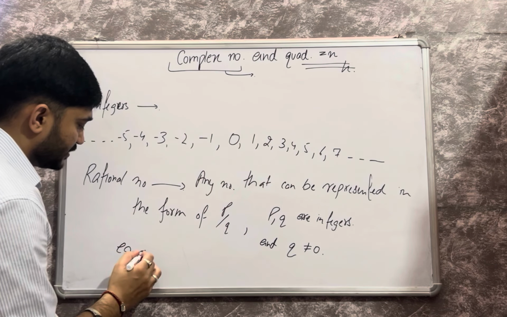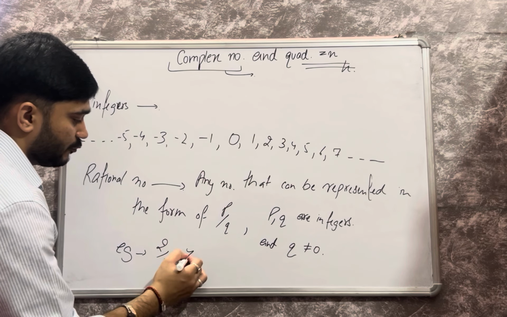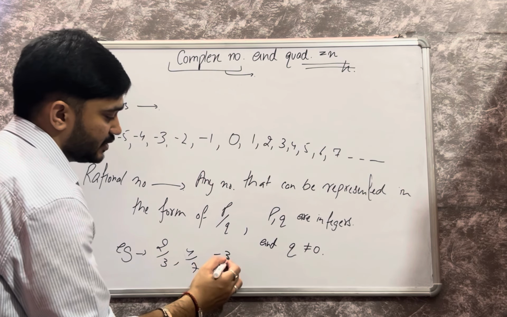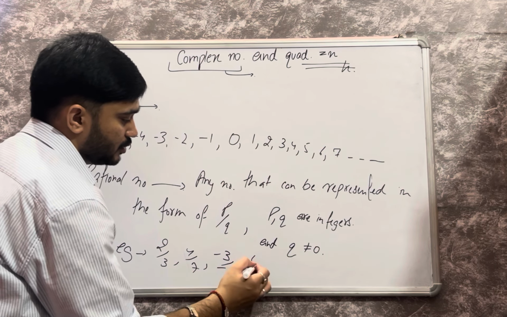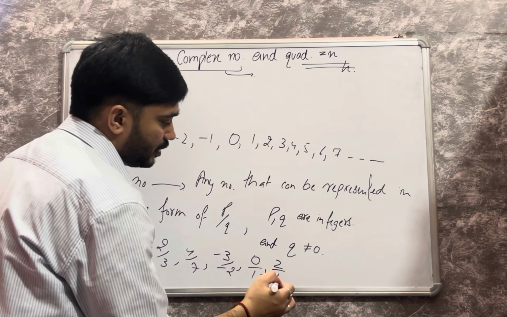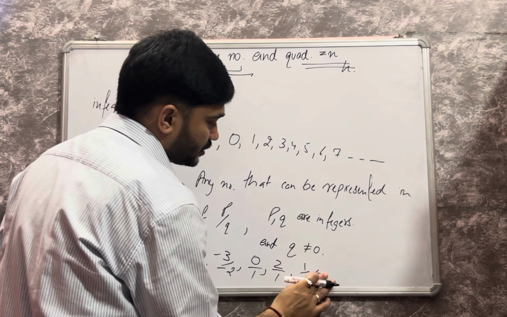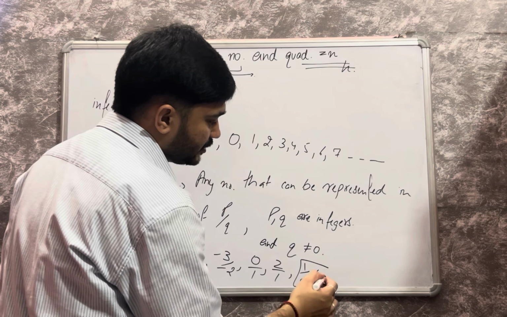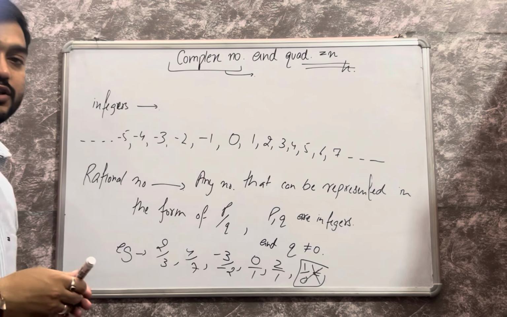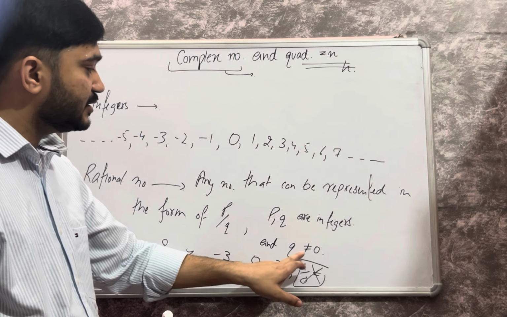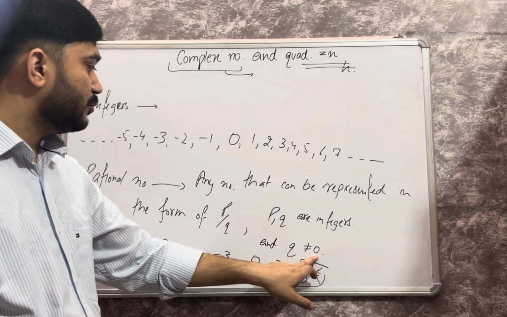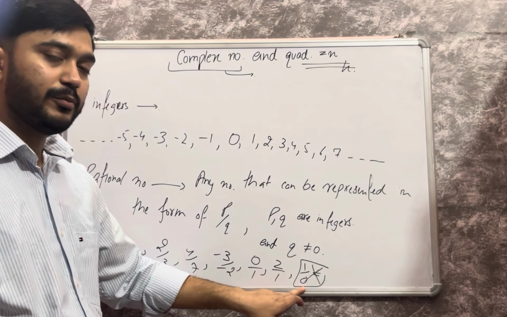Example of this is 2 by 3, 4 by 7, minus 3 by minus 2, 0 by 1, 2 by 1. 1 by 0 is not rational number because here the denominator is 0. That is the second condition of rational number, that the denominator should not be 0.